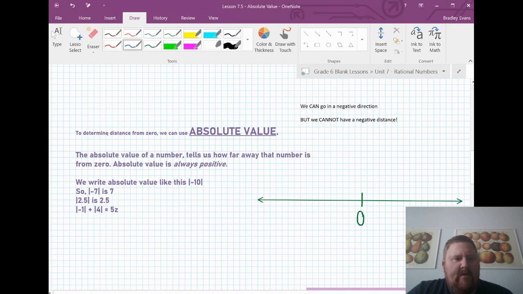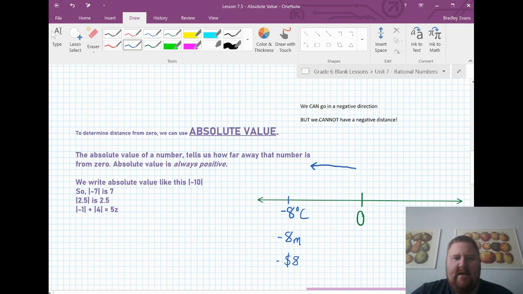So we can go in a negative direction. That means our number can be to the left of 0 and they can have a negative value. So they can have a negative value of 8. For example, we could have a negative temperature of 8 degrees Celsius. We could have a negative elevation of 8 meters below sea level. Or we could even have negative $8 in our bank account.